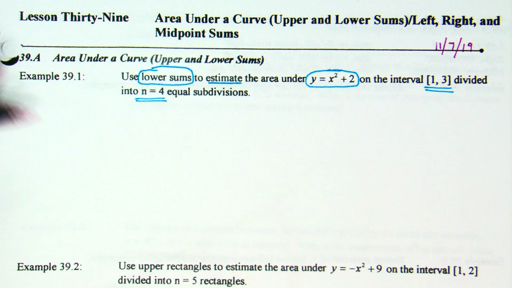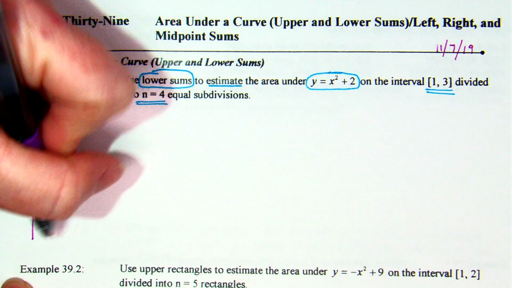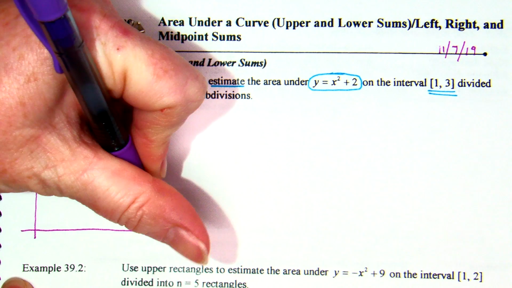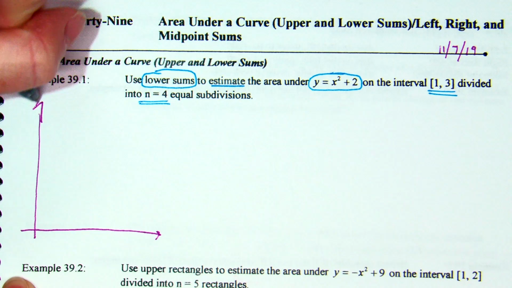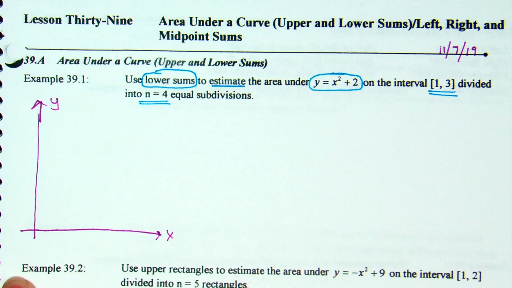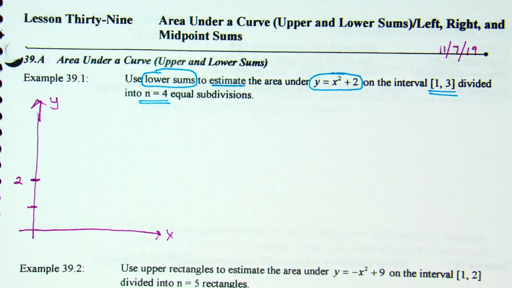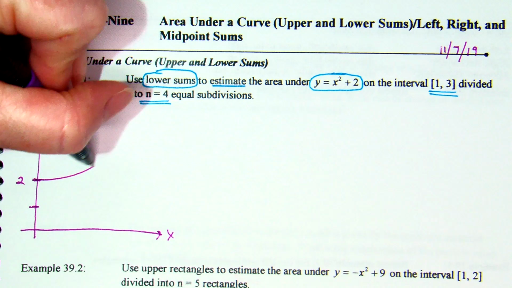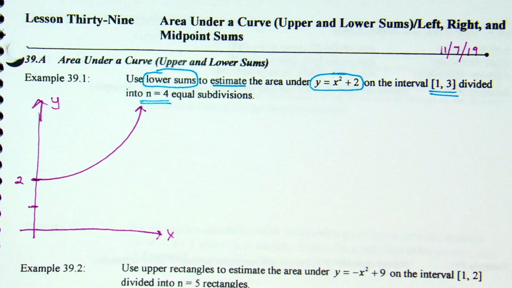So over here on the right, I'm going to draw my first quadrant. I'm making it decent size because I'm going to have to put some details on this. So here's my 2, going up 1, 2. If it's a parabola, I'm going to try, maybe not exactly the right shape, but I need space to show what I'm doing.